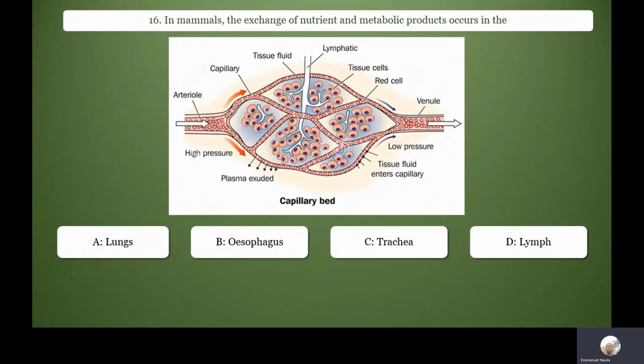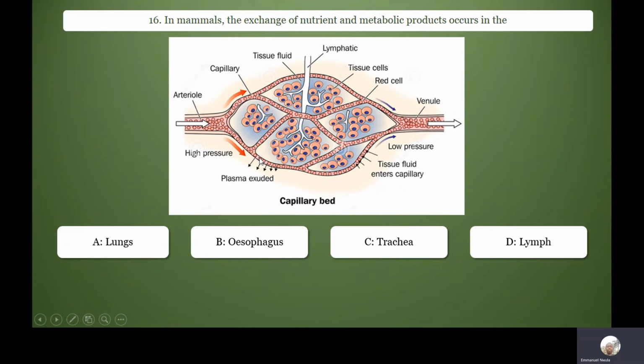In mammals, the exchange of nutrients and metabolic products occurs between... we take option D here as the correct option because, if you look at the capillary bed, nutrients are exchanged between the tissue fluid and the cells.